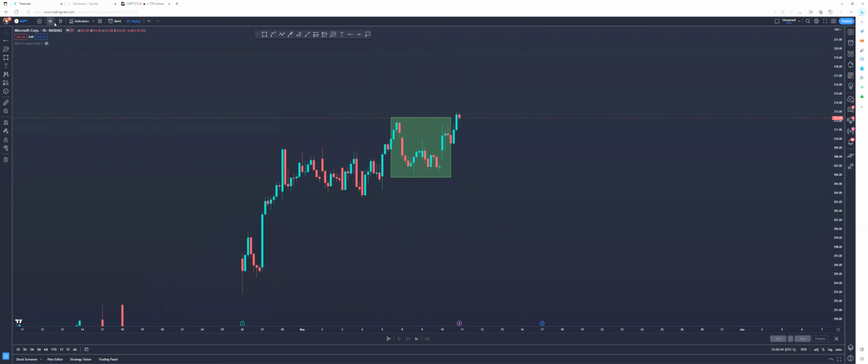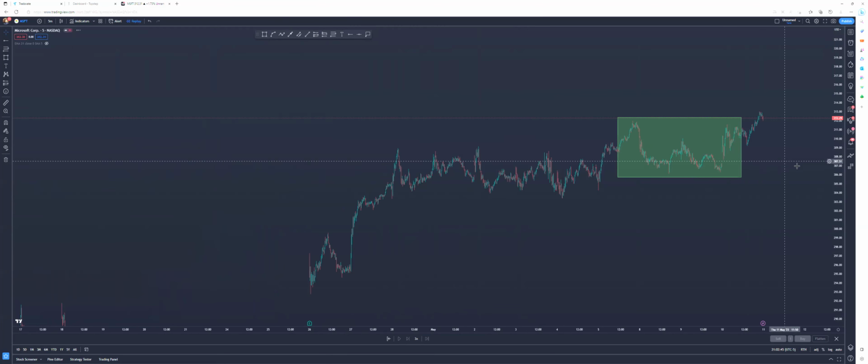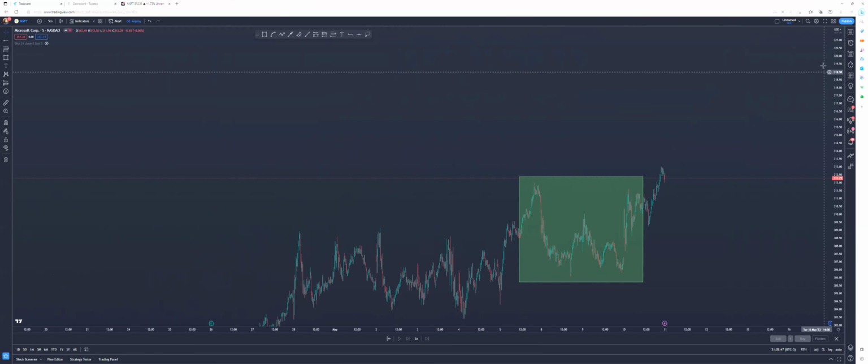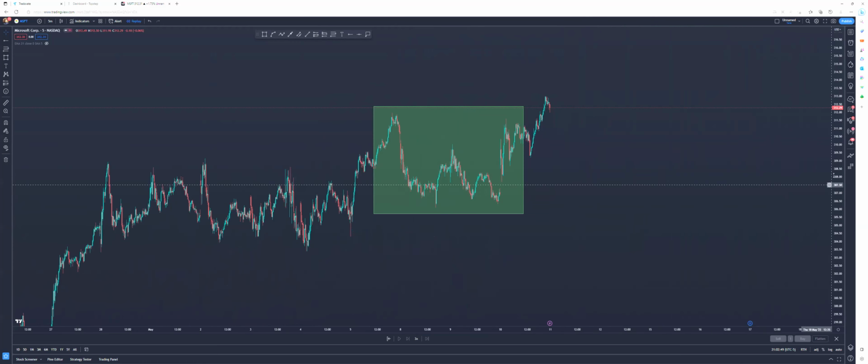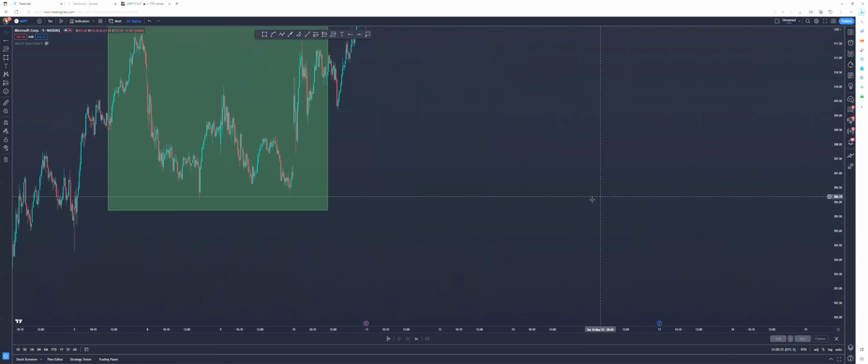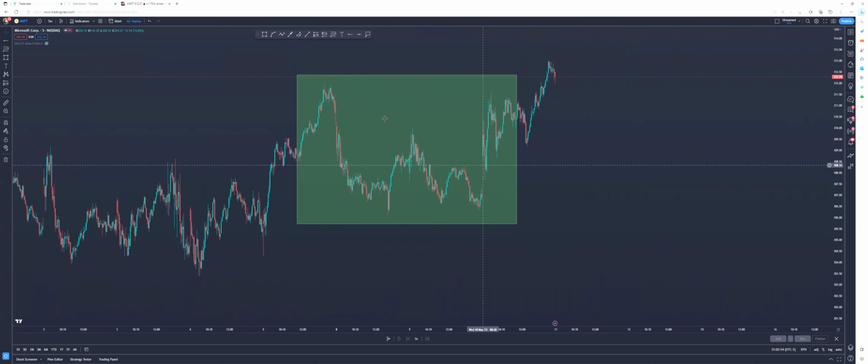But actually, let's go even lower. An ugly downtrend, but it really was choppy for real. Still, it started our downtrend, came up here, downtrend, broke, came back.